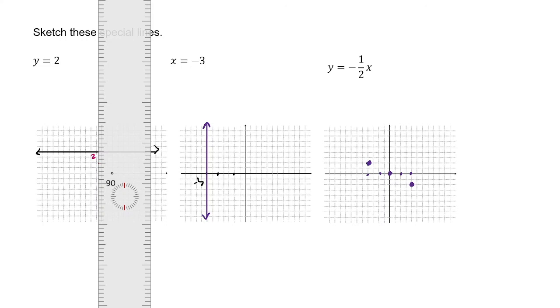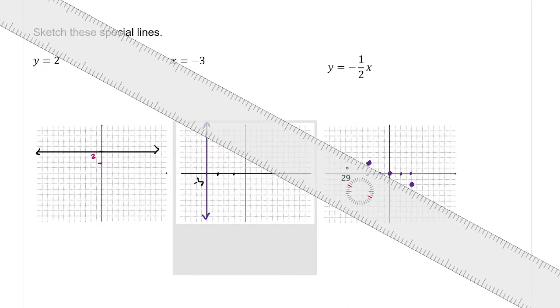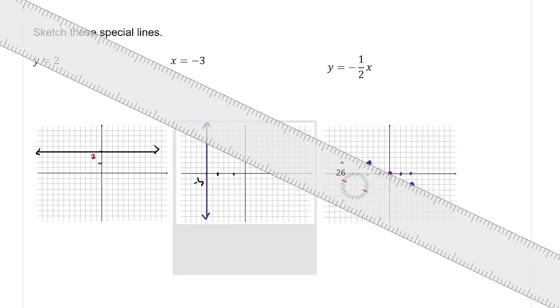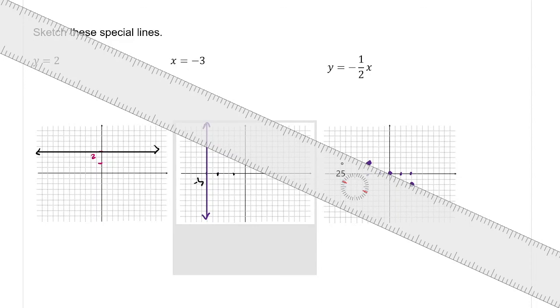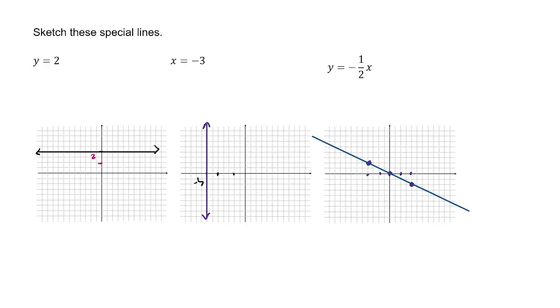So it's going to be a downward facing line that's going through the origin. Then I get my trusty ruler, get that all lined up, draw the line in. I can get rid of the ruler now. And there we have it.